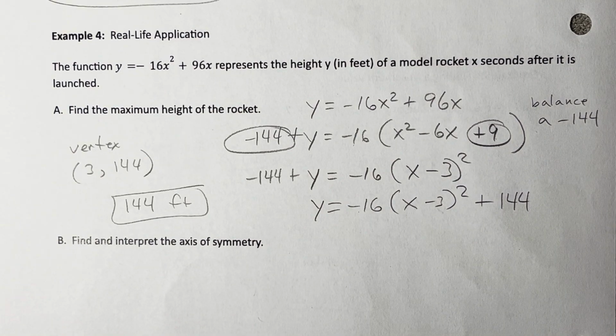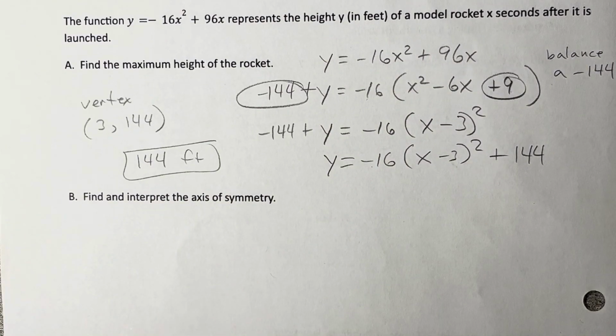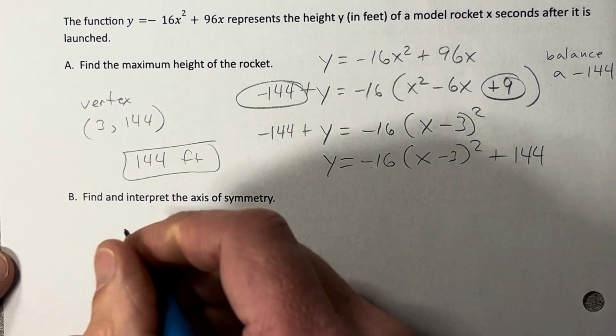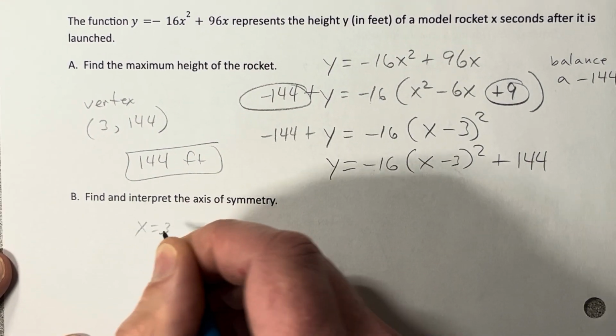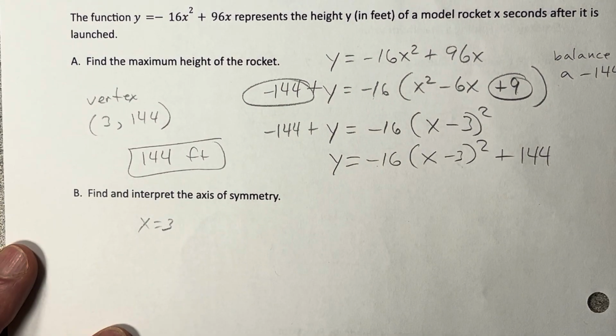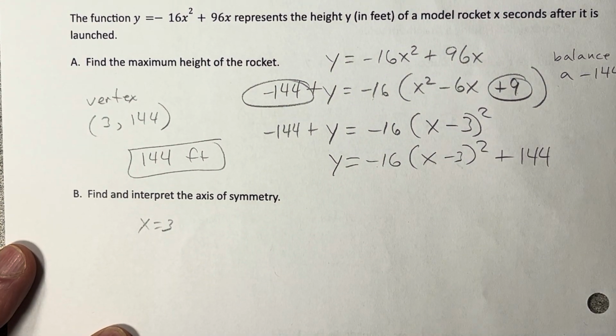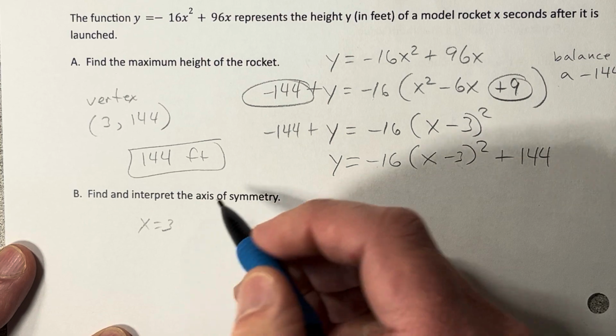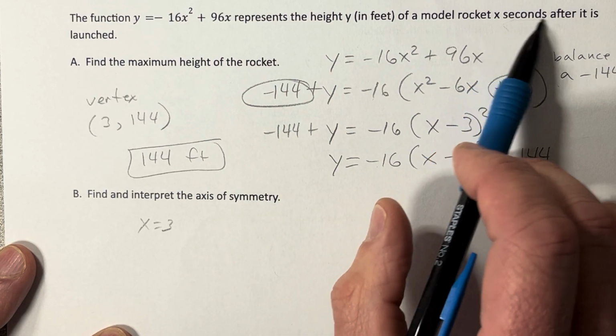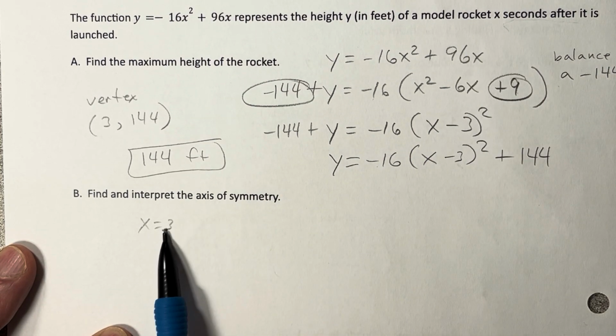All right, part B says find and interpret the axis of symmetry. Well, the axis of symmetry would be x equals 3. And what that would be is x is seconds after it is launched.